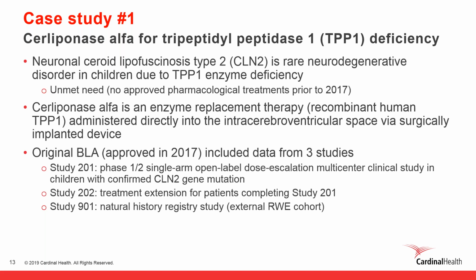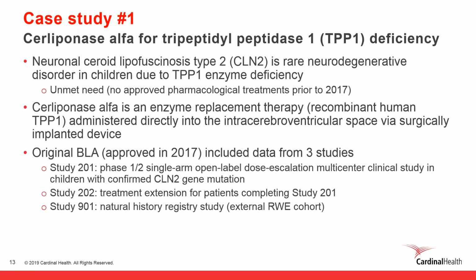It has a relatively predictable phenotype with an onset at 2 to 4 years of age, followed by progressive, inexorable neurologic deterioration, resulting in profound neurological deficits by 6 years of age and death in adolescence. So it's a very poor prognosis disease.